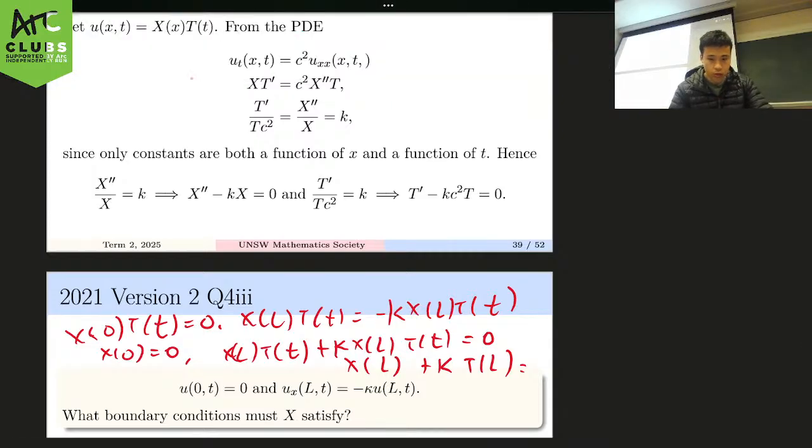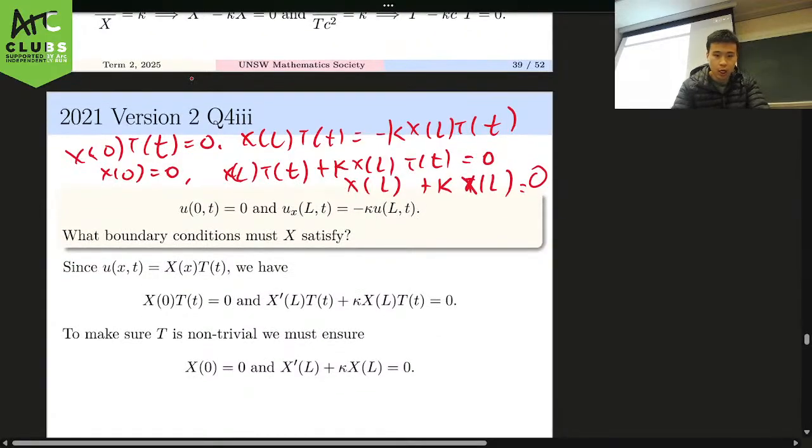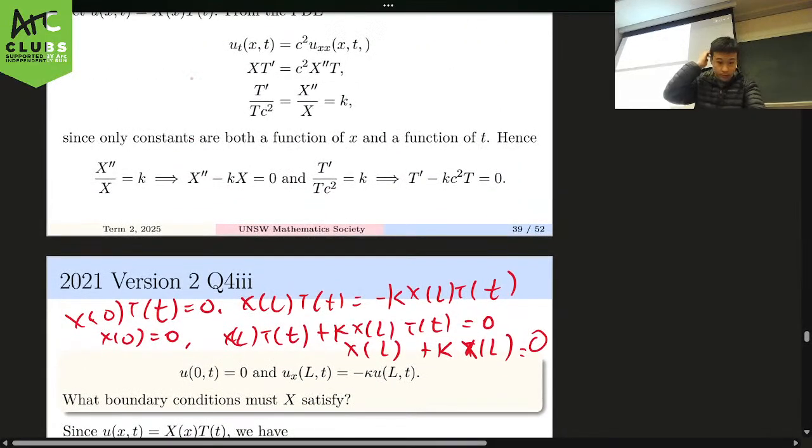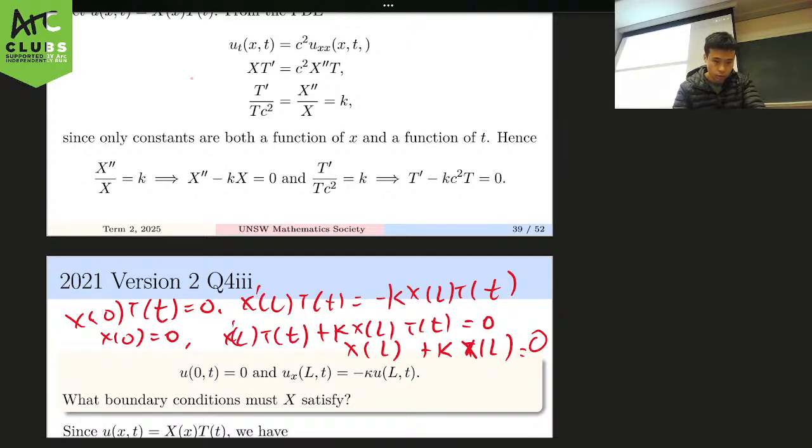X L is also X L. So from here, that must equal 0. Okay, I think the dash of it is X dash L. So that's still dash.